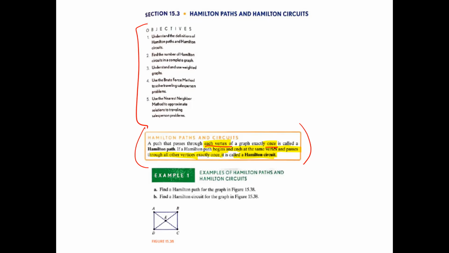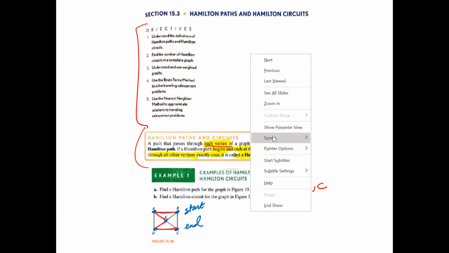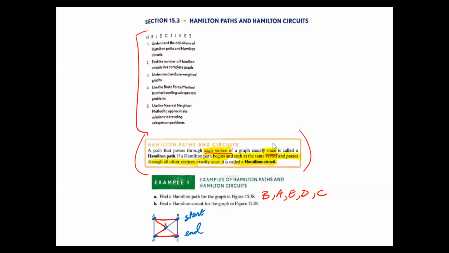So let's say, for example, I am going to start off with B. From B, I'm going to go over to A. From A, I go to E. From E, I go to D. And then from D, I end with C. If you look at this, you did touch every single vertex once, but you did start at B and you ended at C. So there is your Hamilton's path.